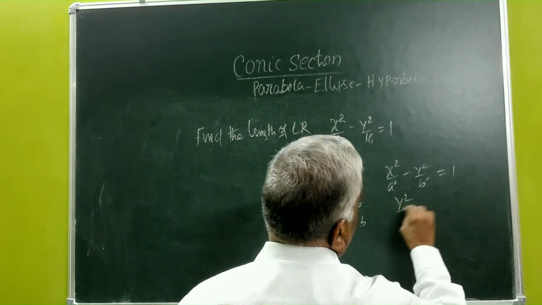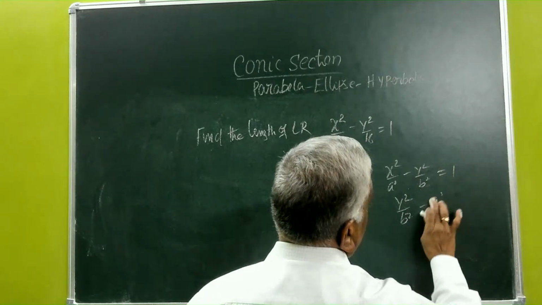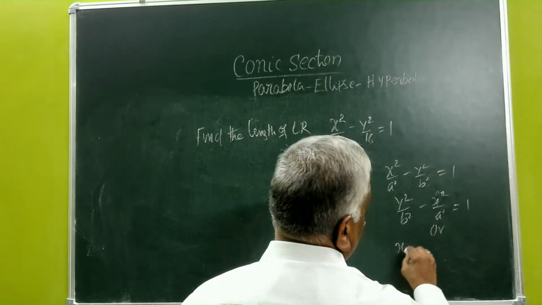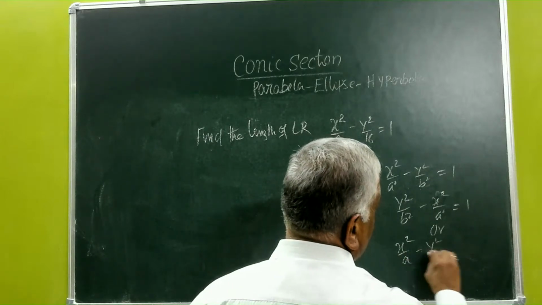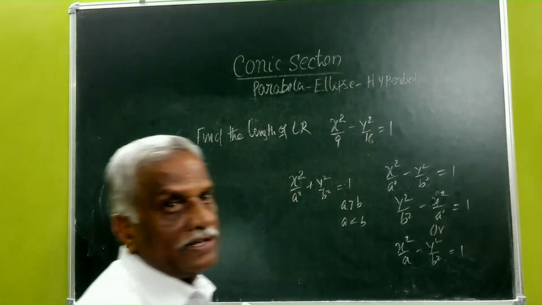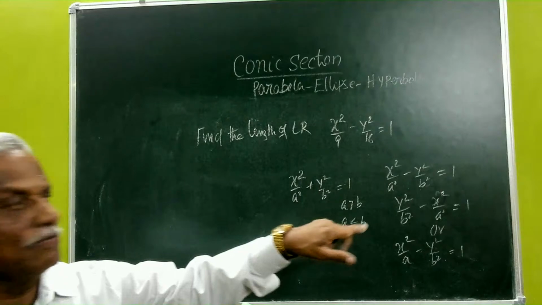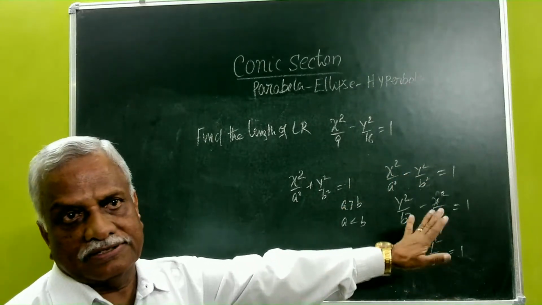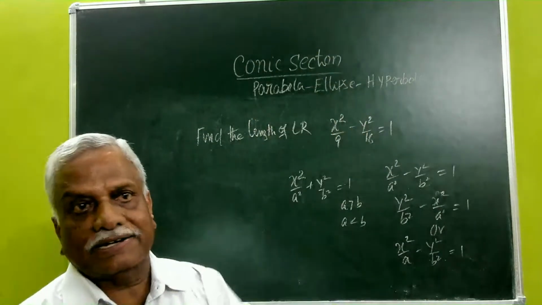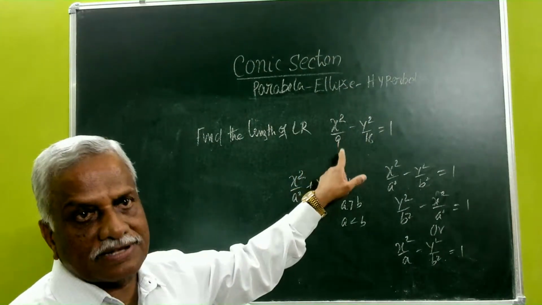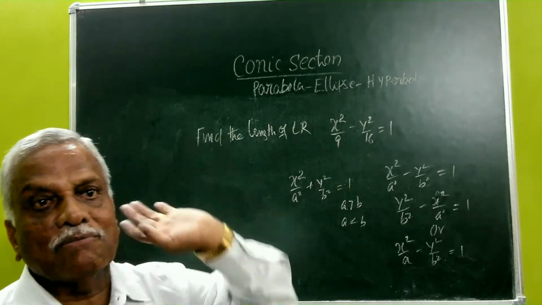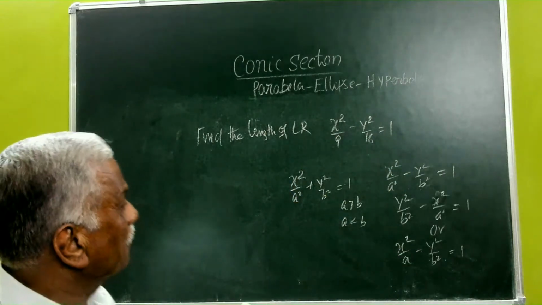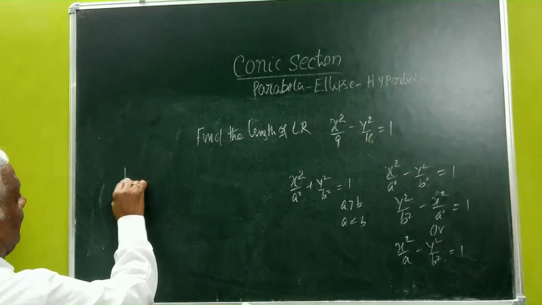The second type is y square by b square minus x square by a square is equal to 1. In case of ellipse, A can never be equal to B, whereas in case of a hyperbola, A can be equal to B. Such a hyperbola, as I said, is called rectangular hyperbola. Now, this is given because some students remember, oh, B is greater than A, so they write the formula wrong. What is the formula for length of LR?